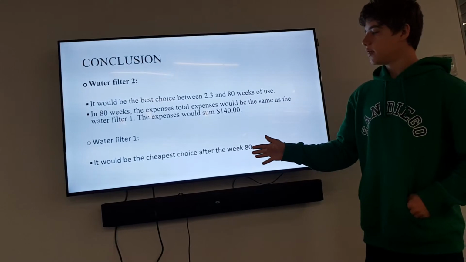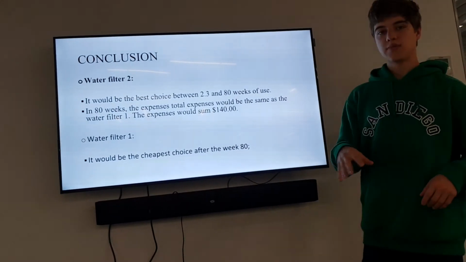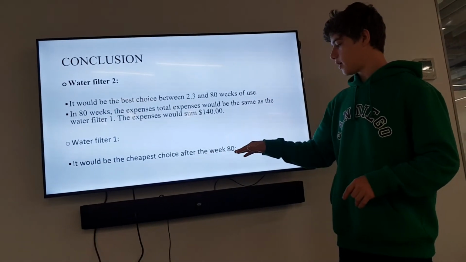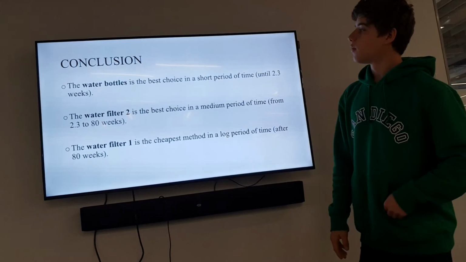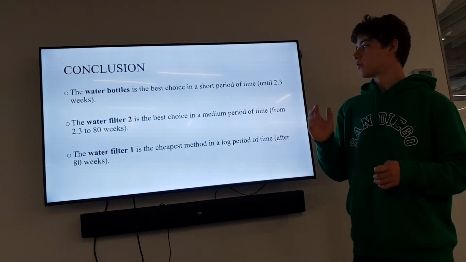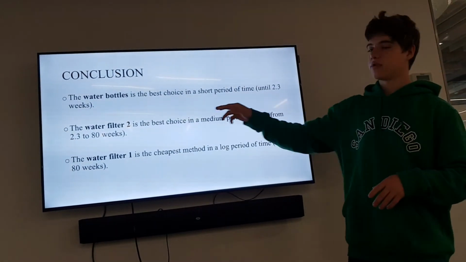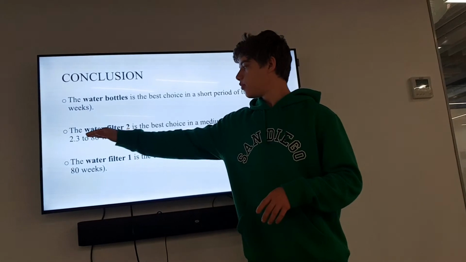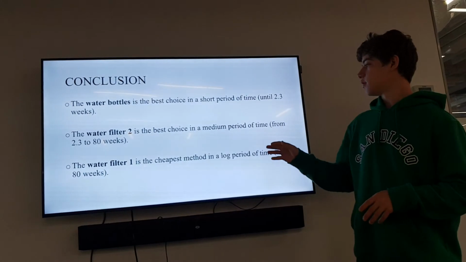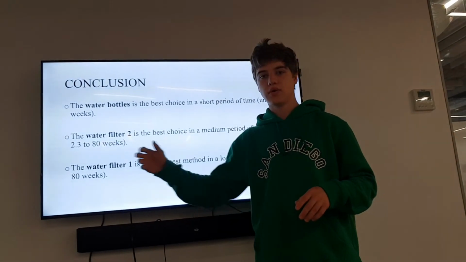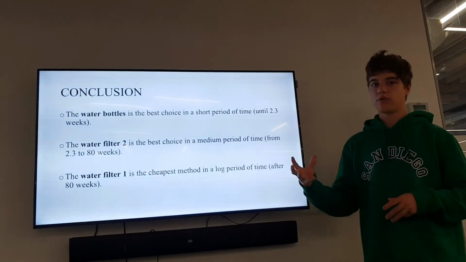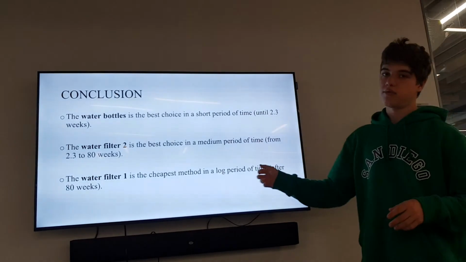Filter 1, the most expensive one, will be the best option after week 80. So the water bottle is the best option in a short period of time. The best option would be water filter 2 if you want something for a middle period of time, from 2.3 weeks to 80 weeks. And water filter 1 is the cheapest if you want something for a long period of time, after 80 weeks, as shown here.